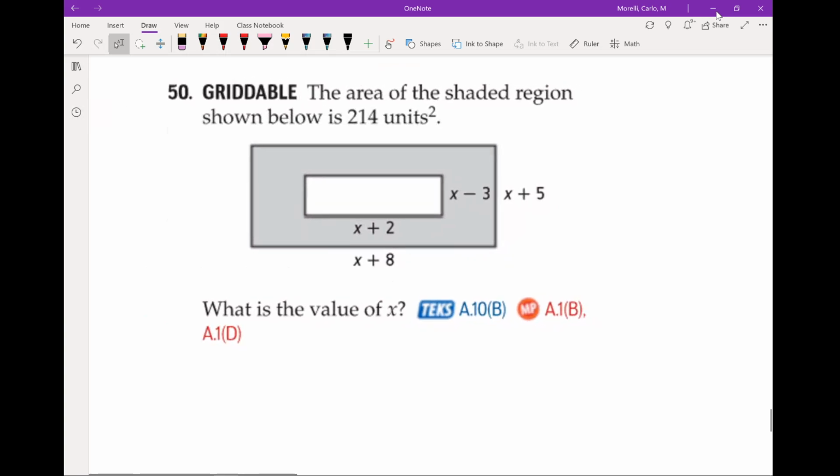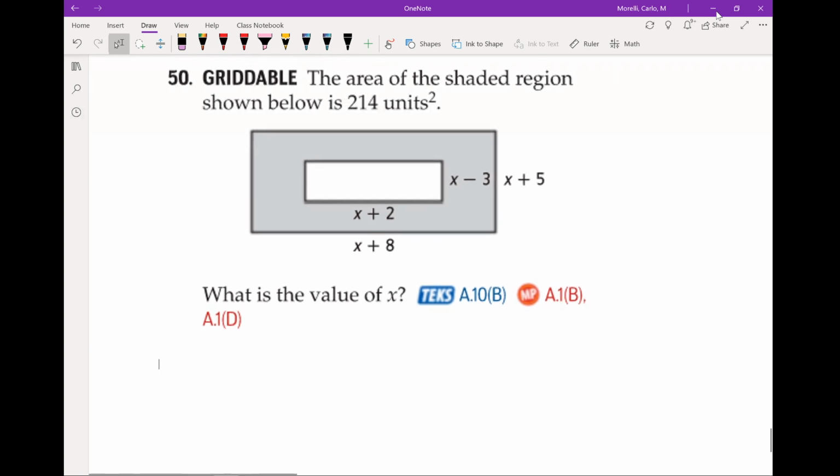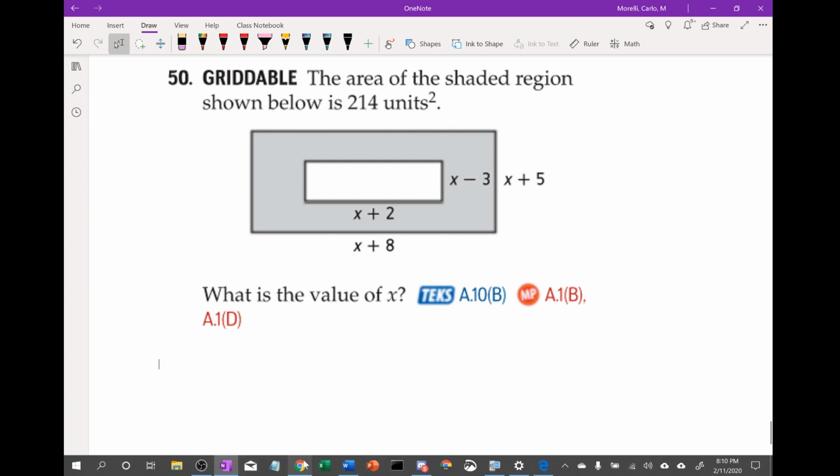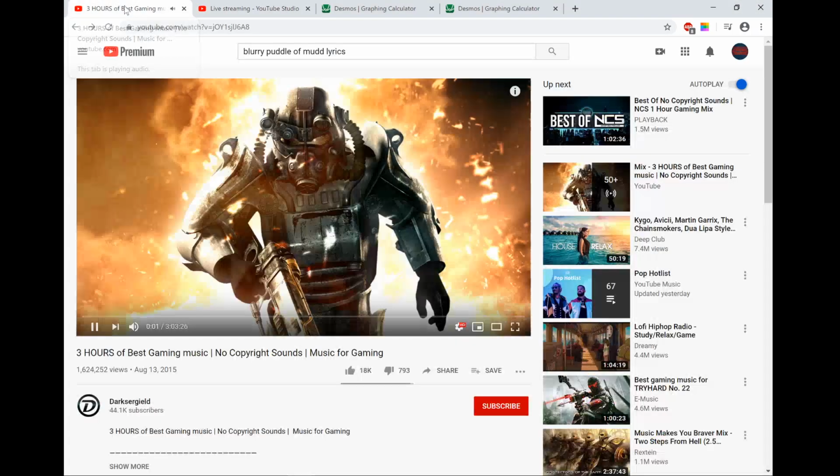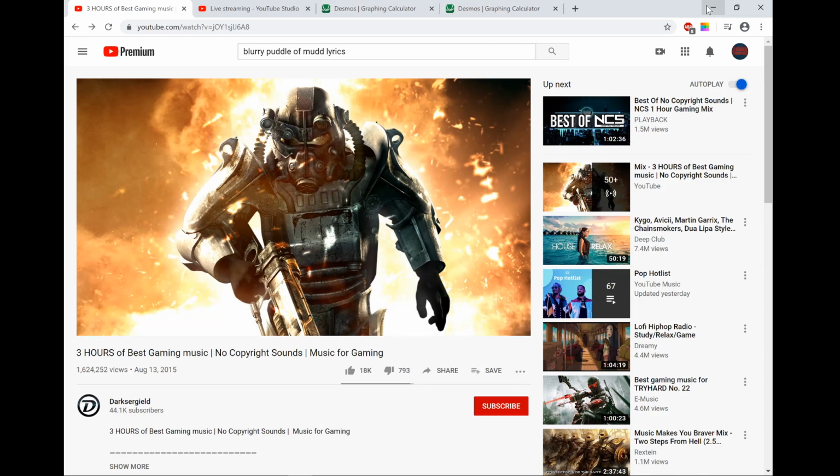The area of the shaded region shown below is 214 units squared. Okay, I'm going to turn the music off because this is going to get a little bit difficult, and I want everyone to be able to hear this. We need to be super focused on this.